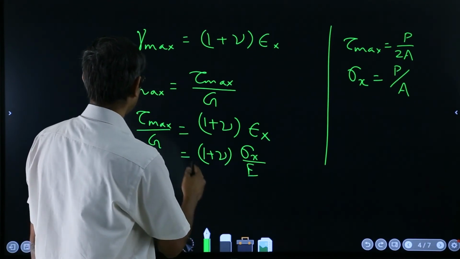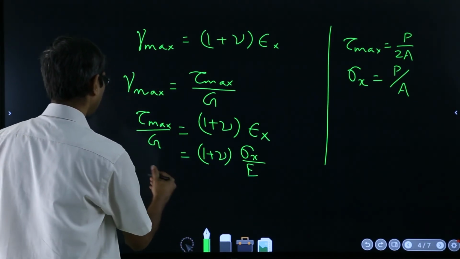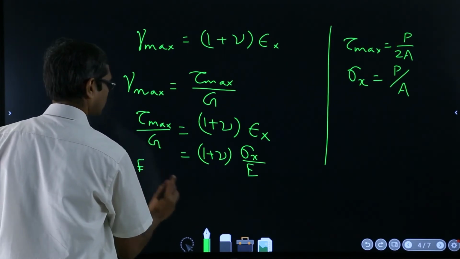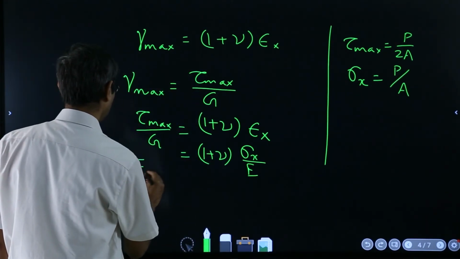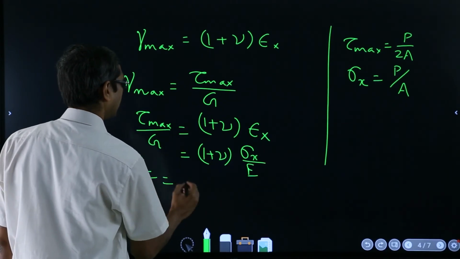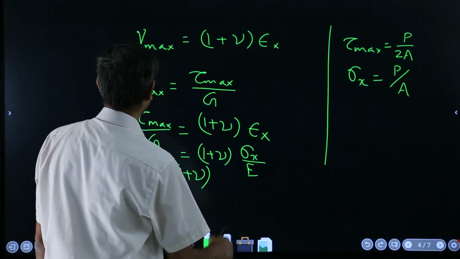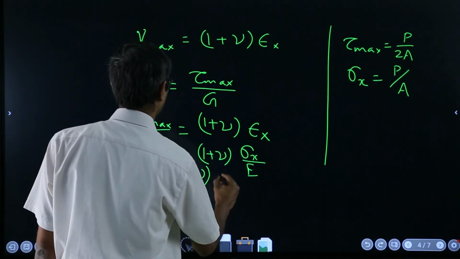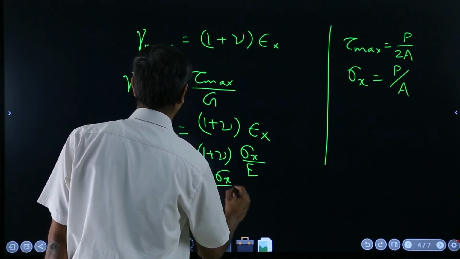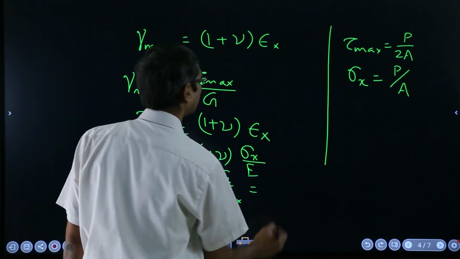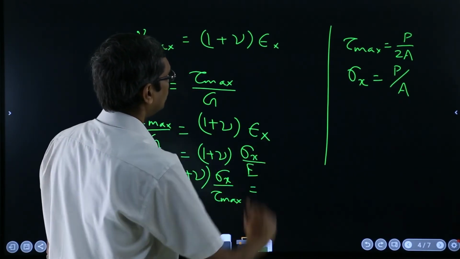So now if you just see this, that means your E over G is nothing but (1 plus nu) times sigma x over tau max, which is nothing but sigma x over tau max.